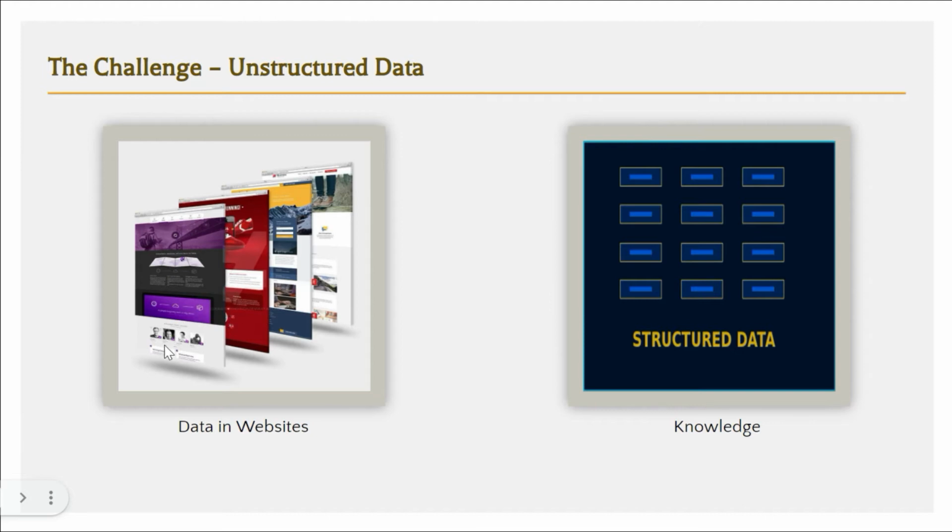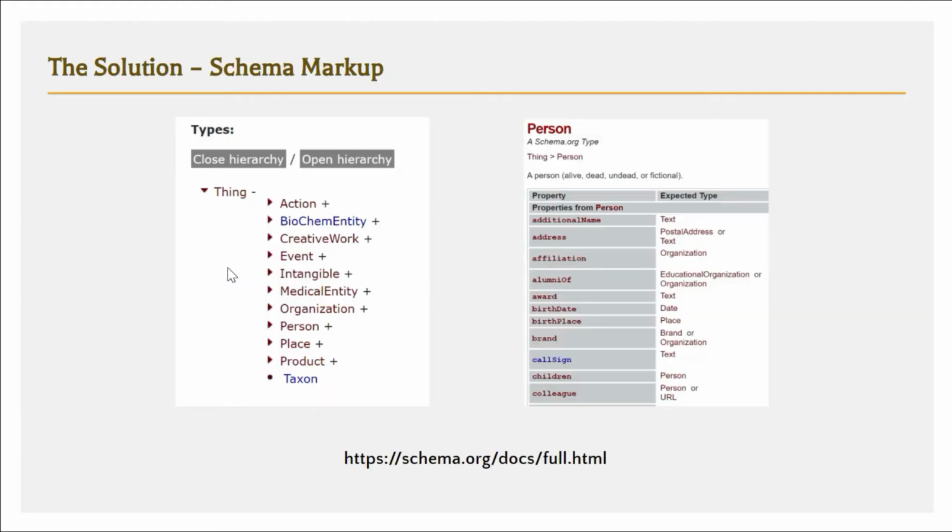Then it can draw the knowledge or the relationship that the same person who is the director in this organization has posted this recipe. This was possible only because each and every website is following the same schema and same properties to describe a thing, which in this case is a person. So that is the idea.